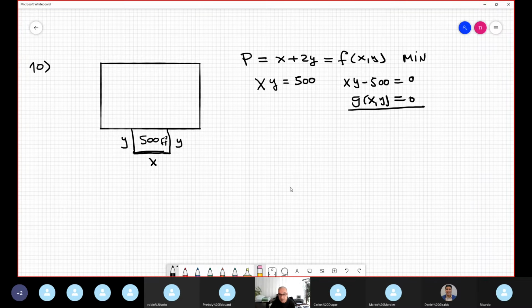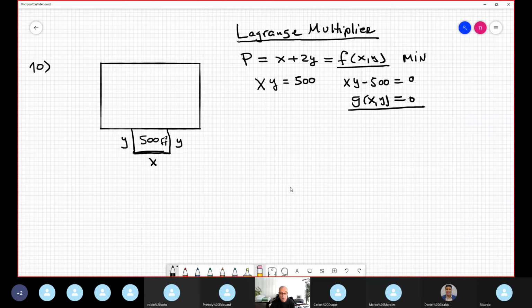Okay, this is classical in the Lagrange multiplier language. And remember, in the Lagrange multiplier method, you compute the gradient of the function f. You compute separately the gradient for the function g, and you put them together. Okay, but let's do it.